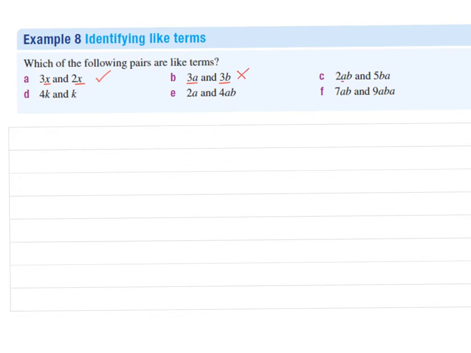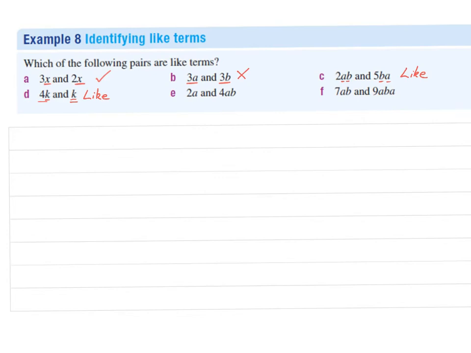In C, we've got AB and BA. It's the same letters, same pronumerals, so they are like terms. 4K and K: both of them have just a K as the pronumeral, so they are like terms.